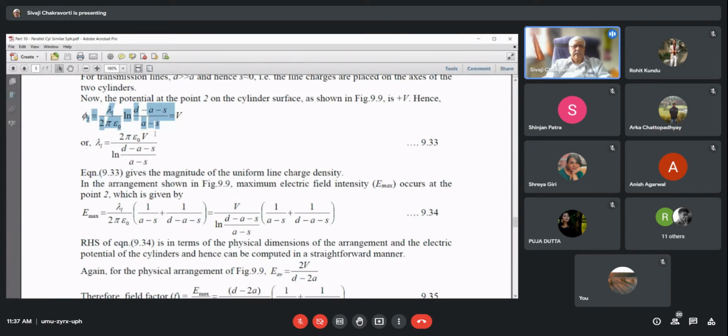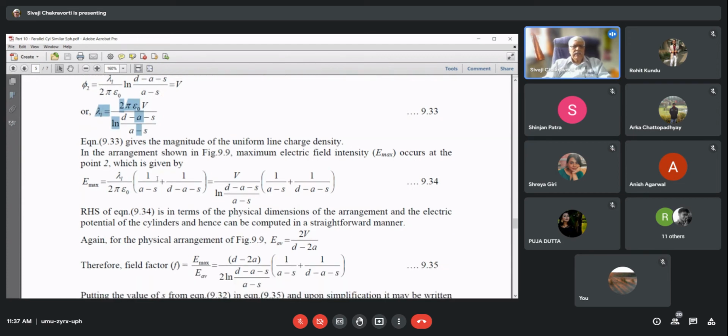And if you look at the right hand side, you can see this has only the potential V and all others are physical dimensions. D, the distance between the two axes, A is the radius, S is the eccentricity of the image charge. So they are all physical dimensions. So 9.33 equation clearly gives you the magnitude of the charge lambda 1.